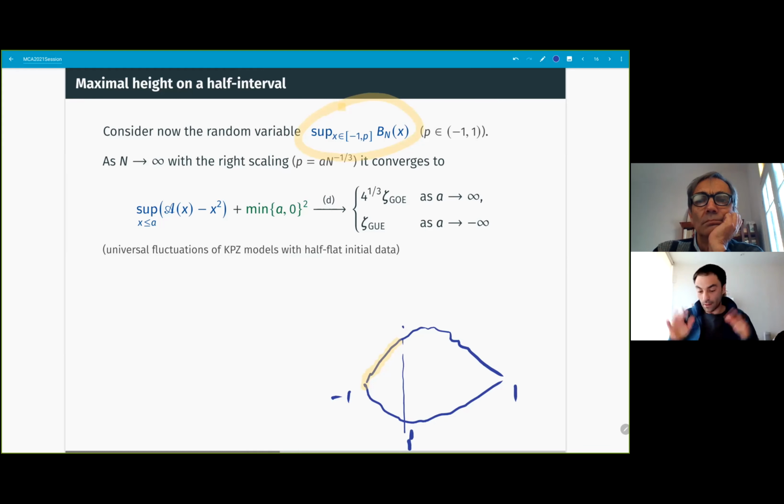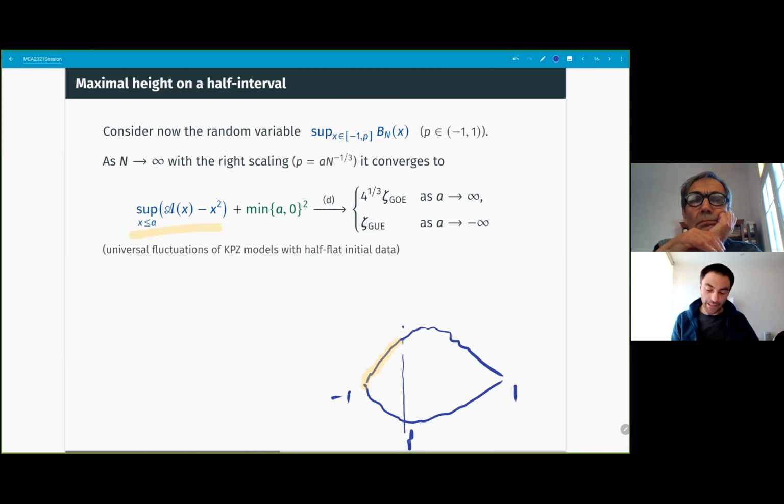I want to look at the sup, but on a half interval. If you rescale in n, so that you go to this sort of Airy2 process limit, this supremum on this half interval also converges to the supremum on a half interval of an Airy process. So now, instead of taking the supremum over all of R, I take the supremum over a half interval.